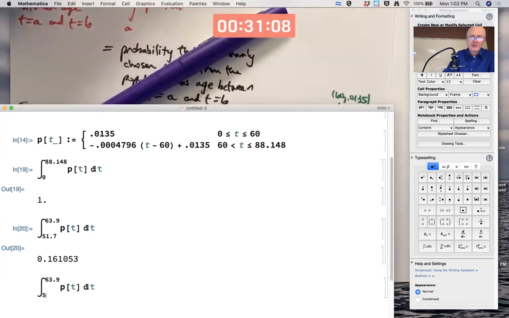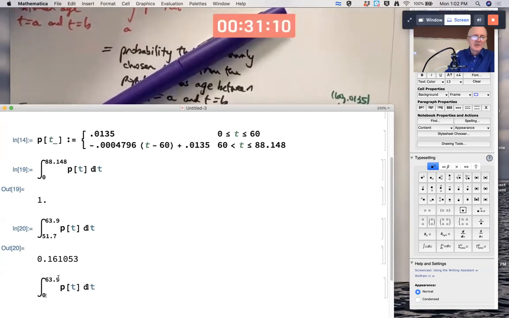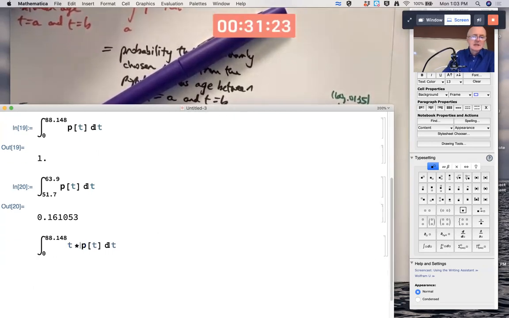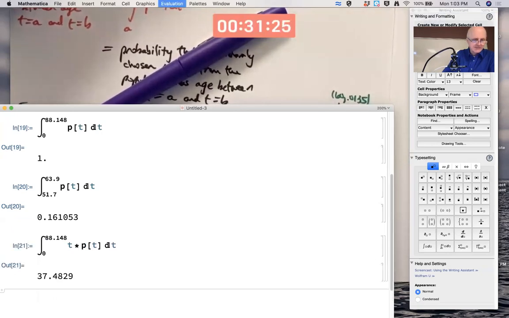By the way, you should be able to do these calculations by hand, though they're not pleasant. Don't forget to put the extra t in here, t times that, and put a star for times. This is like 37 something. Yep, 37.4829. Probably too many significant digits. You'd probably want to round to 37.5 for sure, and maybe even 37.